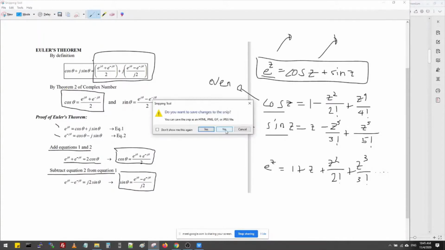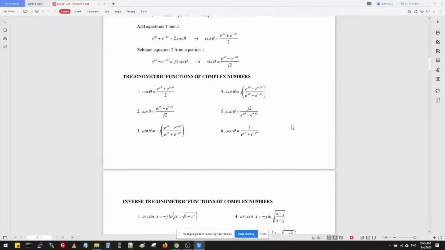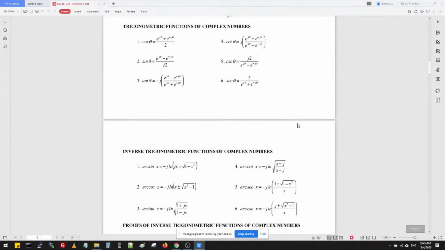Okay, trigonometric functions of complex numbers. These are basic, so we start with cosine and sine. For cosine, the difference is just the negative sign. For sine, we have the complex form with 2j in the denominator.